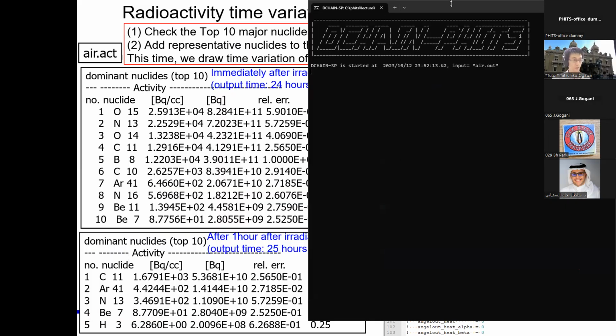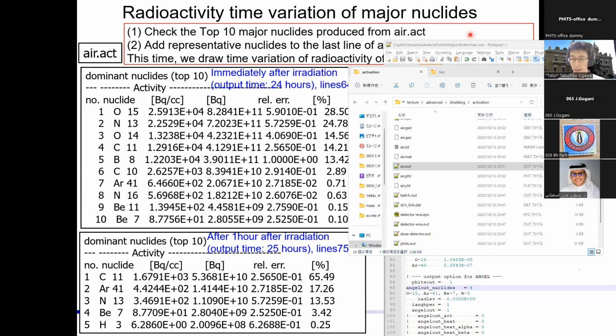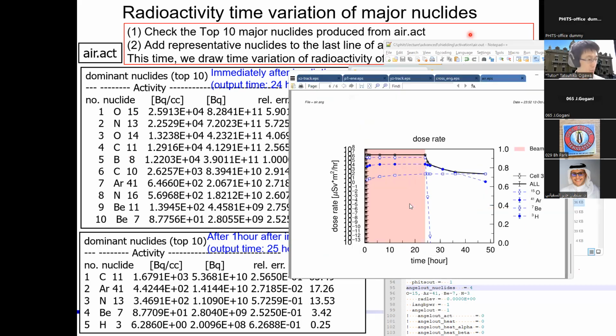Here we go. And then we get new outputs showing the contribution of the isotopes.